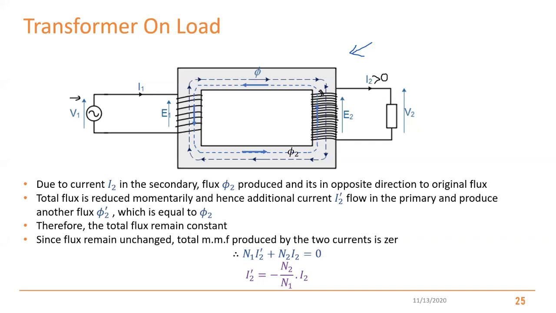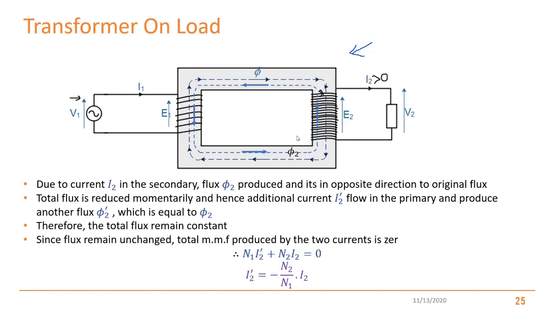Due to that current there will be another magnetic field produced in the core. According to the Faraday-Lenz law, this field is produced in such a way that it opposes the original magnetic flux. I think you can understand that there's a minus sign in Faraday's law due to this Lenz law. Therefore the magnetic field produced will be in this direction as shown in the figure.